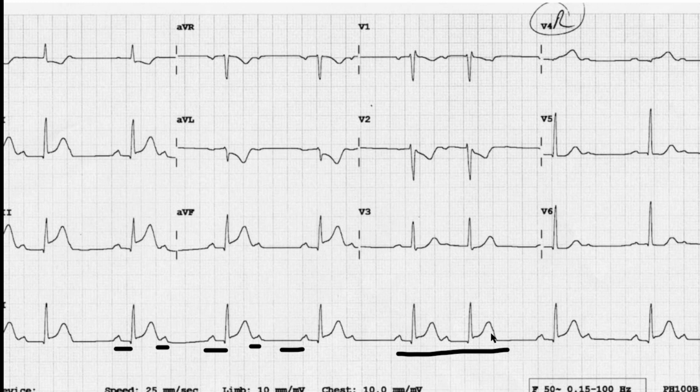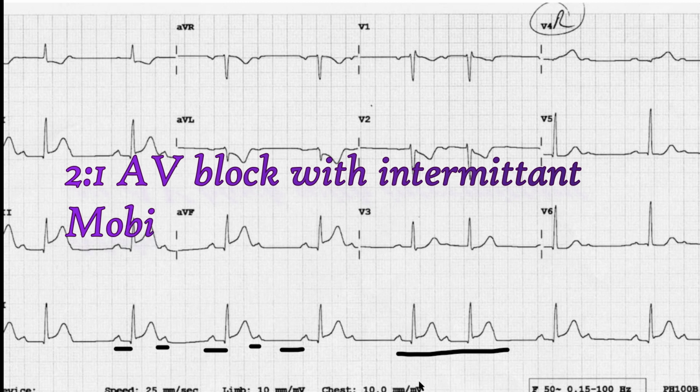If we march the P waves, we will probably find the P wave within this T wave. Again there is a P wave which is being conducted, and there is 2 into 1 AV block. So the rhythm here is sinus rhythm with 2 into 1 AV block with intermittent Mobitz 1 AV block.